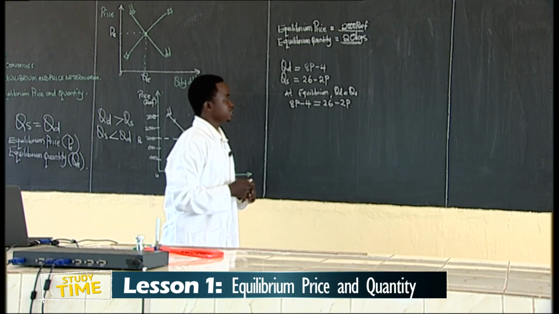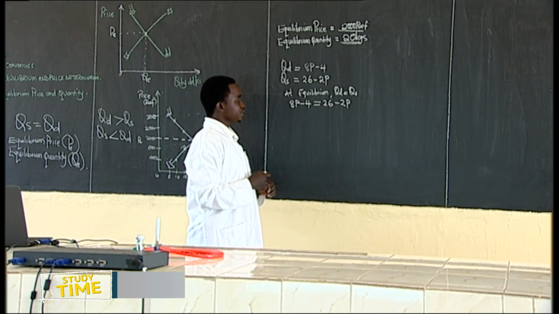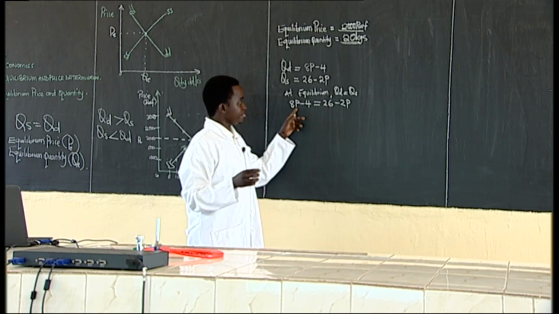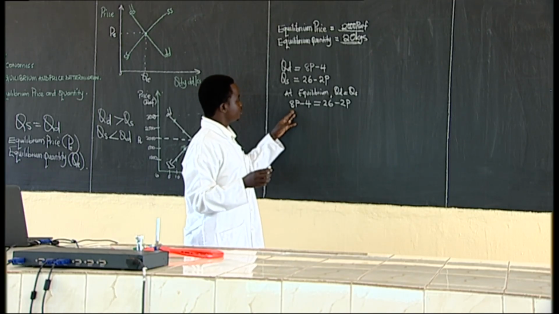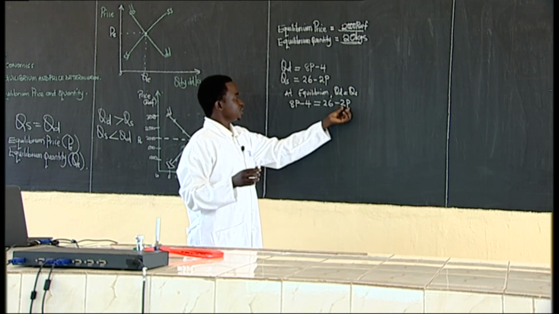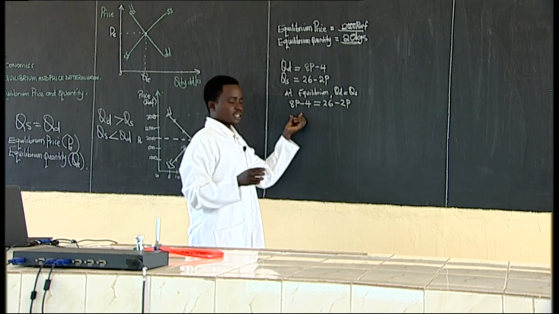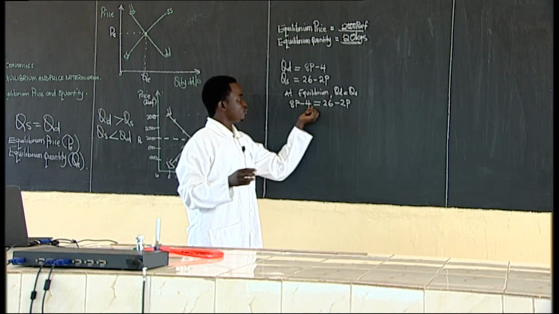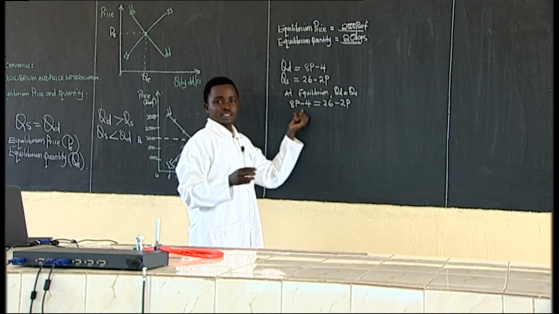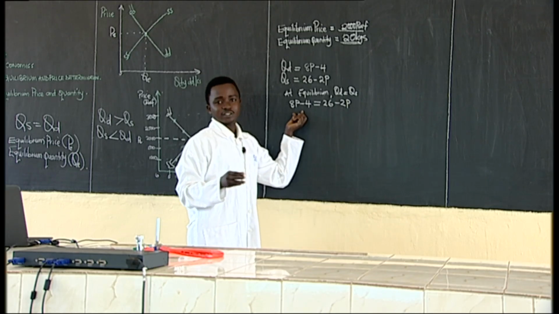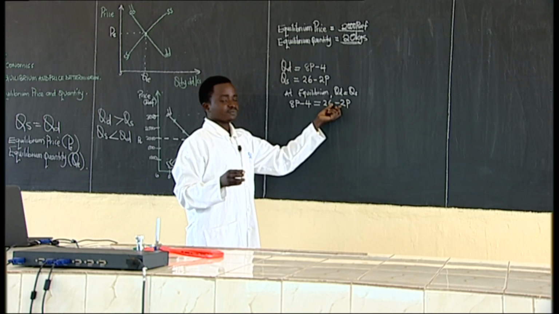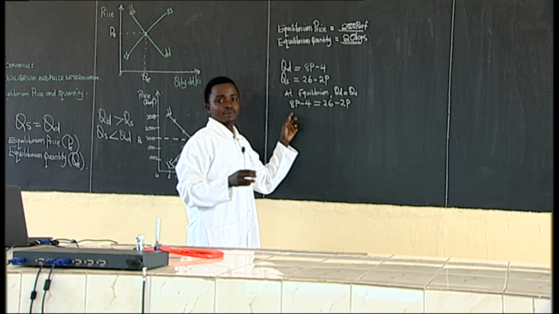You collect like terms, then you solve for the value of P, which will be our equilibrium price. You can bring minus 2P this side, then you take negative 4 this side. If a negative crosses the equal sign, it becomes a positive.